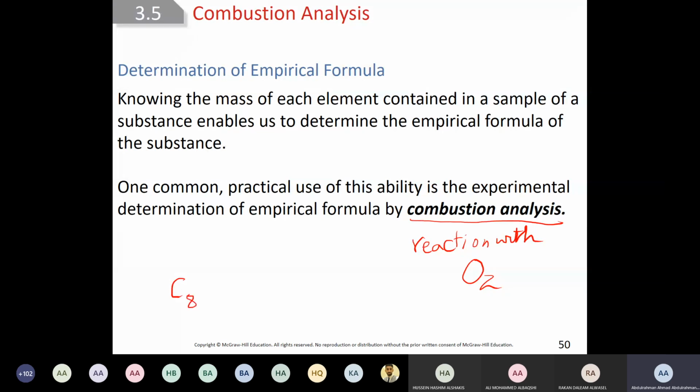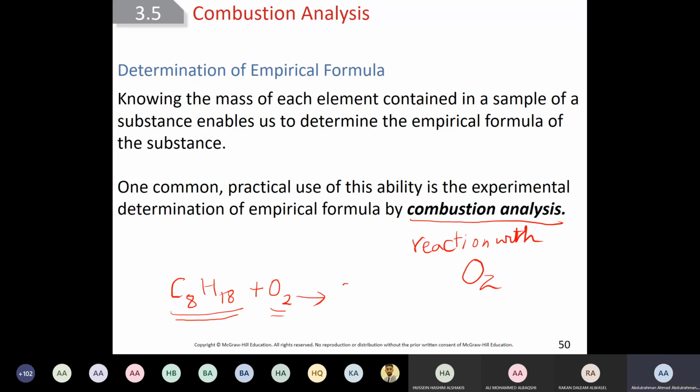We are using C8H18 plus O2. That's what we're doing in our cars. We're burning gasoline with O2, which is oxygen, and this will always give you what?